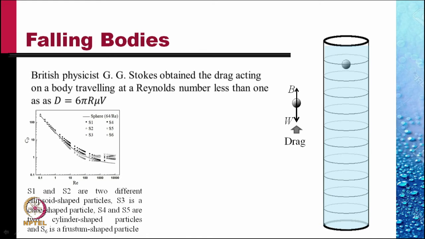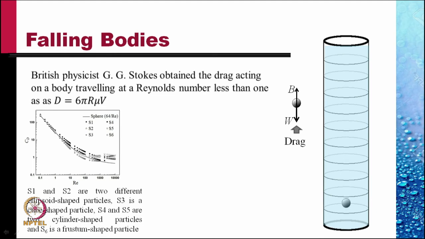This graph here shows that at low Reynolds number less than 1, all points for 6 different types of bodies: sphere, ellipsoid shaped particles, cube shaped particles, cylinder shaped particles, and frustum shaped particles have all the same drag coefficient.